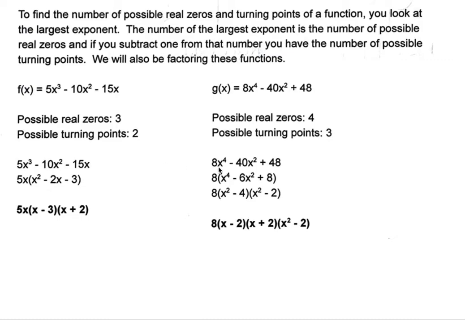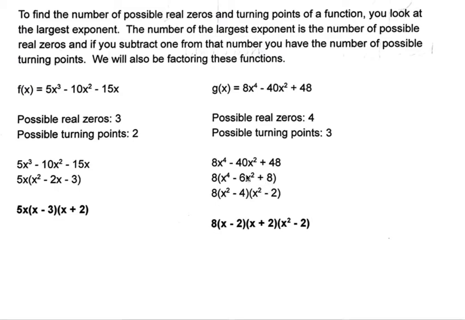All right, now on this one we've got 8x to the fourth minus 40x squared plus 48. People get confused on this, but let's just go ahead. Let's pull out an 8 first of all, and we get an x to the fourth minus 6x squared plus 8. Now we factor it just like we would factor a trinomial that has x squared and x. What we do is we just put x squareds in front of both.